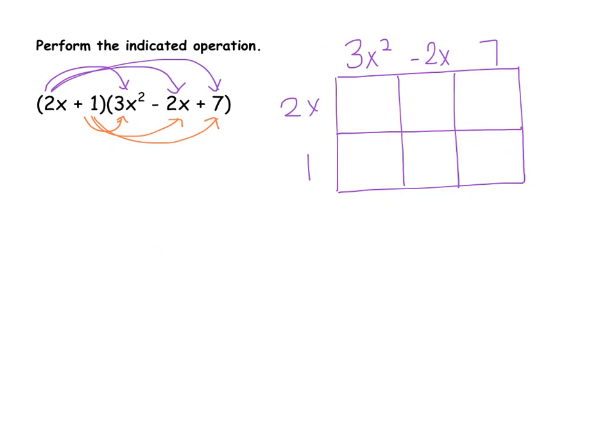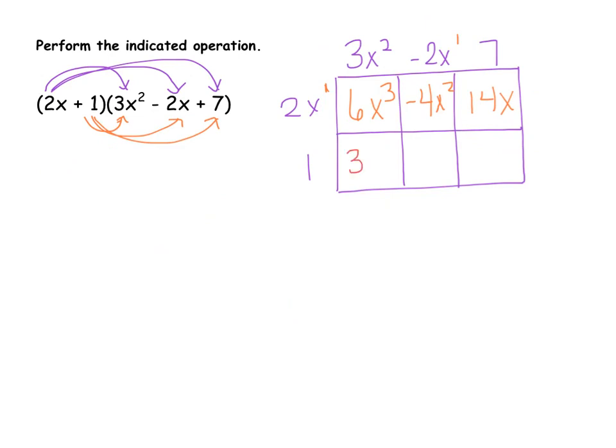So 3x squared times 2x will be 6x to the third. Remember the invisible 1. So 2x times negative 2x will be negative 4x squared. And 2x times 7 would be 14x. Okay, and now we have to multiply the 1 times everything, which is easy to do.